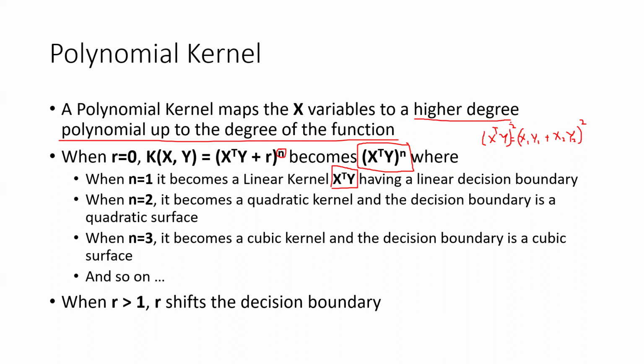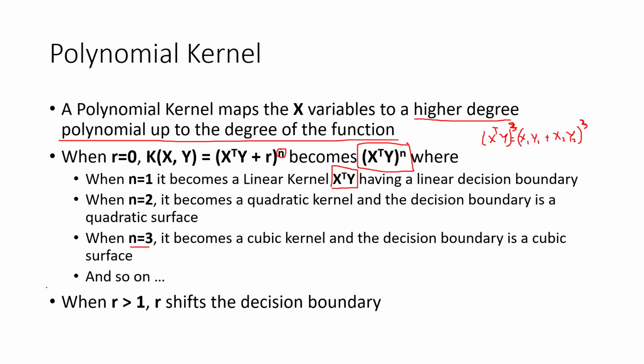Similarly, by changing the number n, you can increase the polynomial degree that is used in this kernel. When you increase it to 3, it would be a cubic decision boundary, because it would have cubic terms, x1 cubed, y1 cubed, and so on.